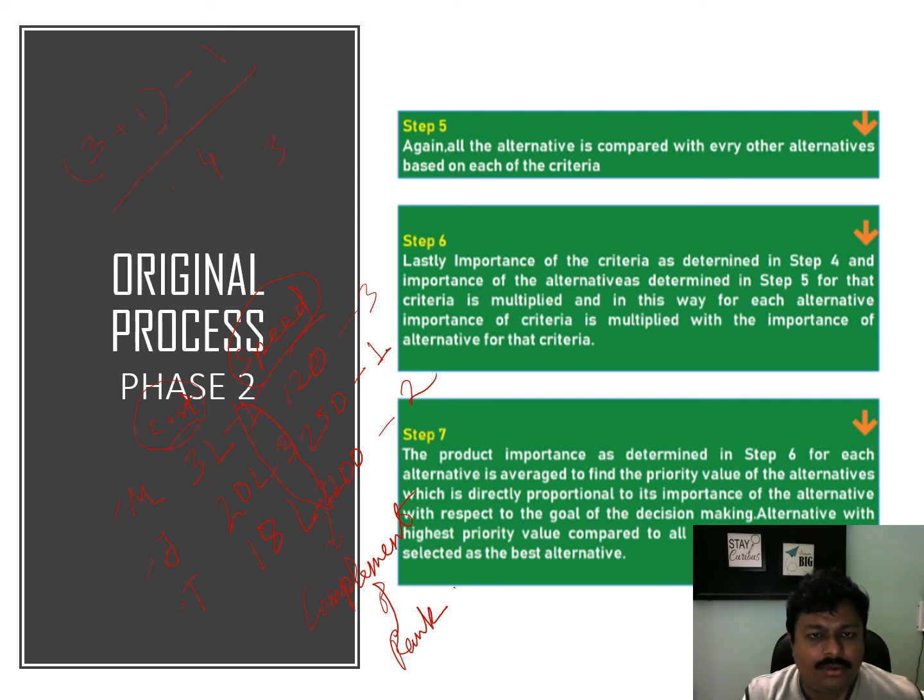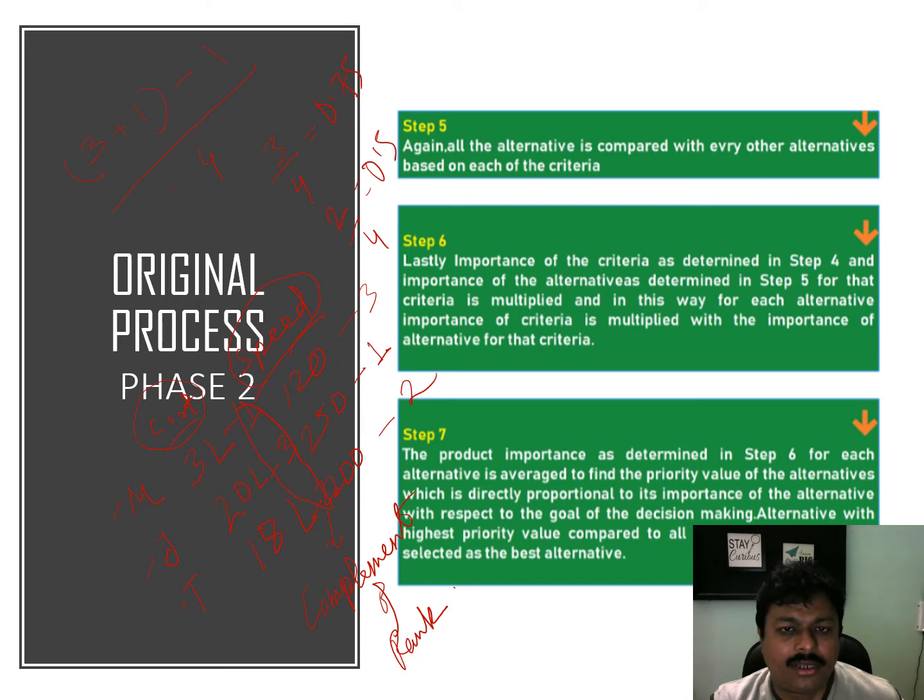So it is 3 by 4, right? It is 3 by 4, and the fraction, the result will be 0.75. And for this Toyota with respect to cost, this will be 2 by 4, and the fraction will be 0.5.